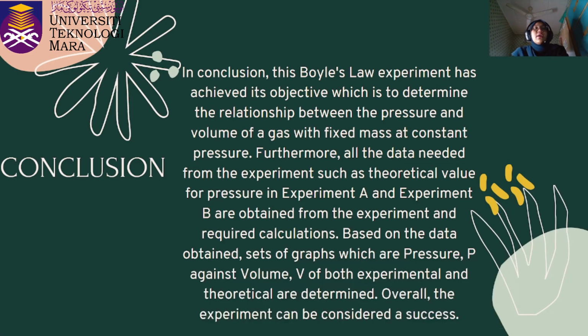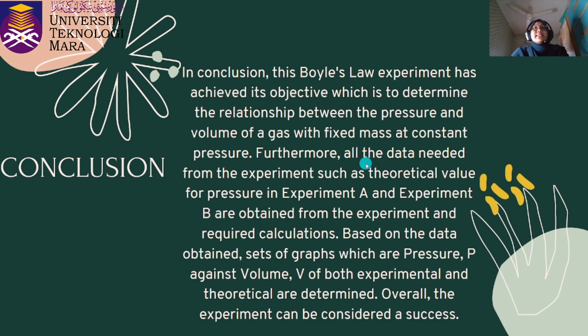The next part of this experiment is the conclusion. So, in conclusion, this Boyle's Law experiment has achieved its objective, which is to determine the relationship between the pressure and the volume of a gas with fixed mass at constant pressure.